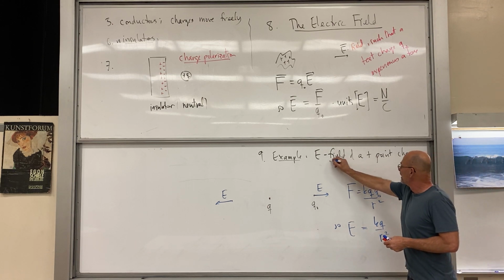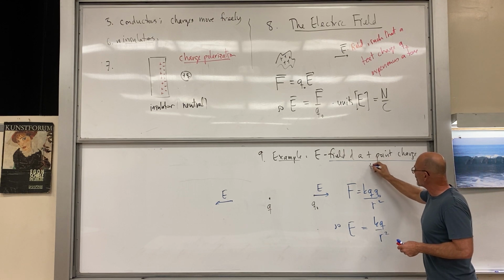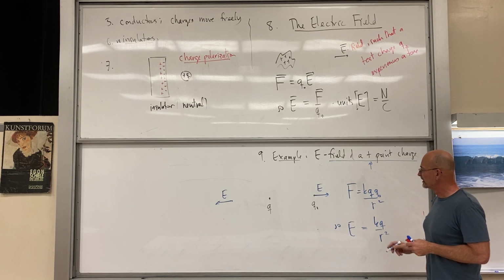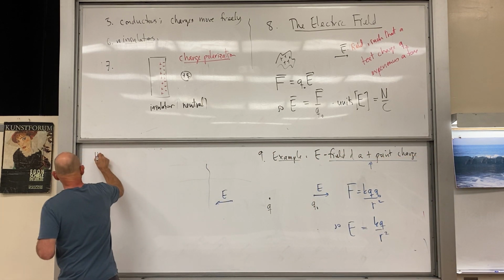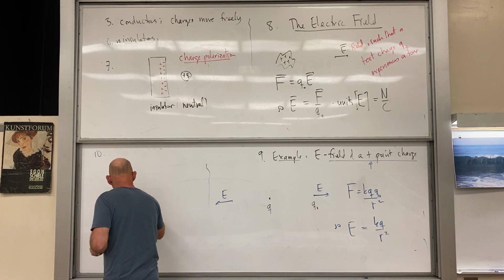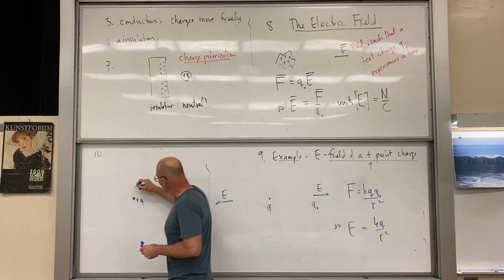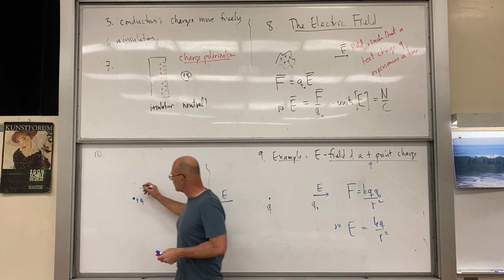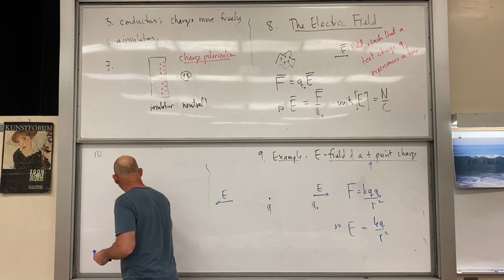So the E field of a positive point charge is directed radially outward. So I'll go ahead and put this as point 10. Here's now my positive point charge at the origin. And at any point, and this is true in 3 dimensions, but 2 dimensions on the board, the E field is directed outward.